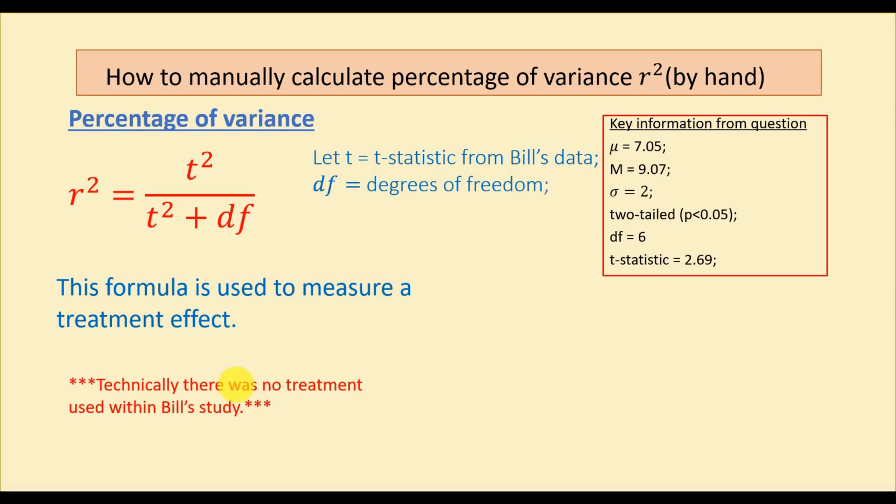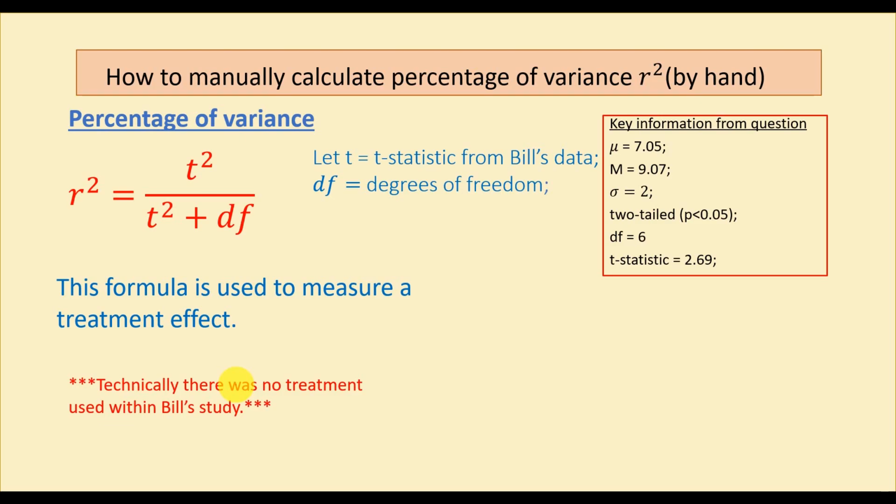So the next thing we want to calculate is the percentage of variance, and this is usually known as a treatment effect. Technically, we didn't actually measure a treatment effect within this study or within this question. There's no treatment effect being measured, so this is probably something you wouldn't want to calculate for such a question.